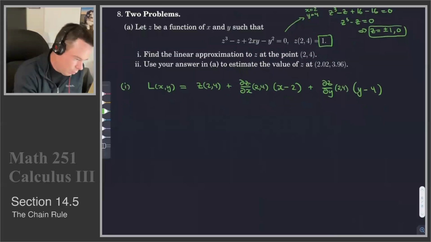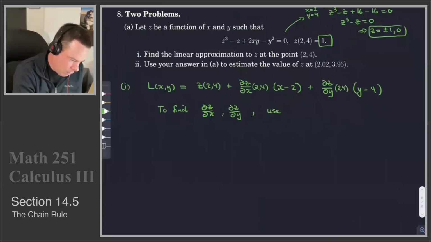So that means that we need to find dz/dx and dz/dy. And for that, we use the implicit differentiation.